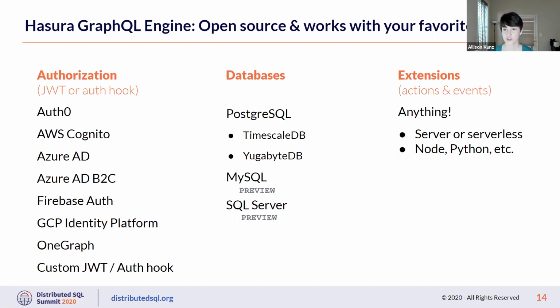And of course, with extensions, our actions or events, anything goes. So actions and events, anything with an endpoint. So you can write it, you can use a server, or you can use serverless functions. You can write it in anything.